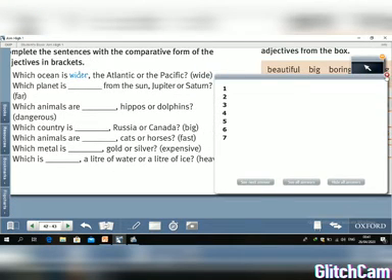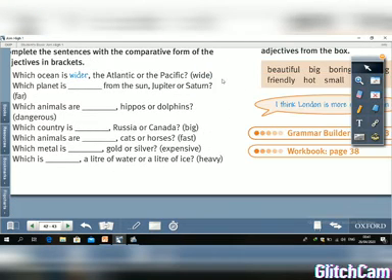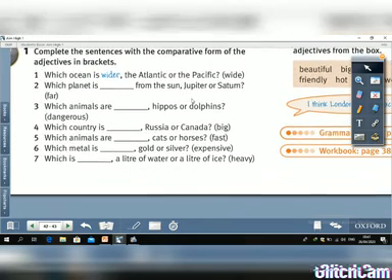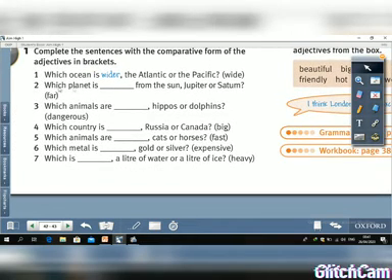Okay, using the adjective in brackets. Number 2, which planet is farther from the sun, Jupiter or Saturn? Which animals are more dangerous? Which country is bigger?